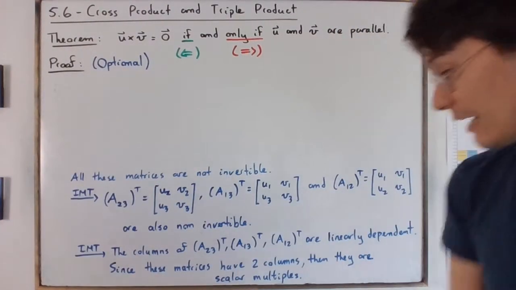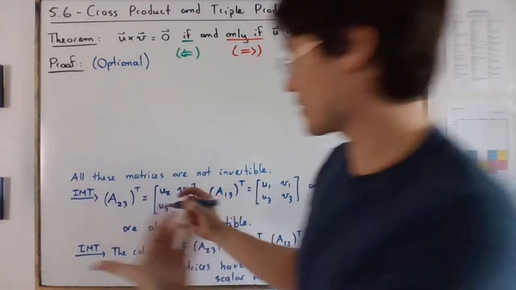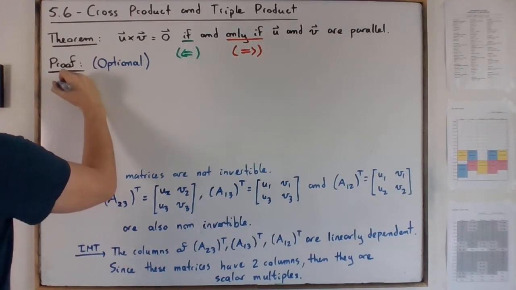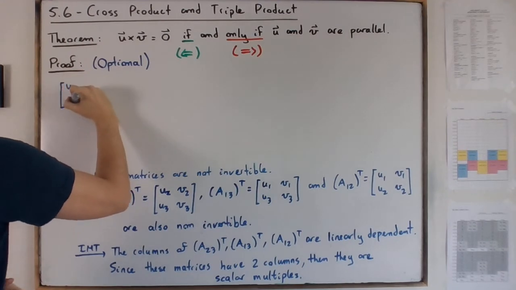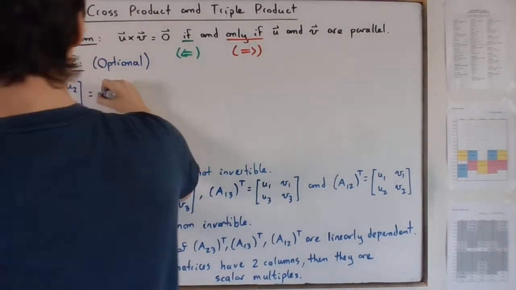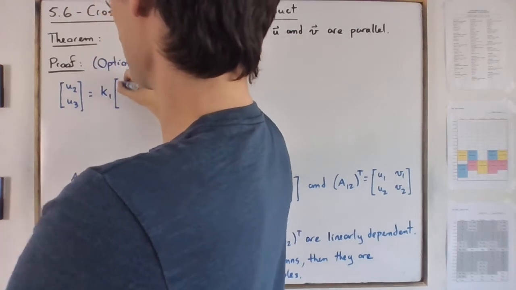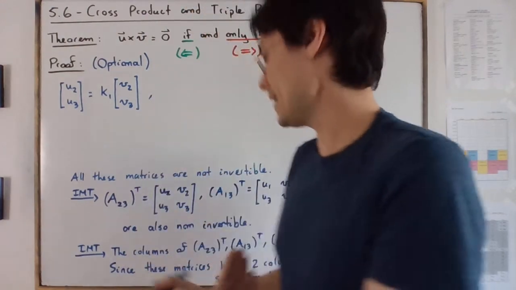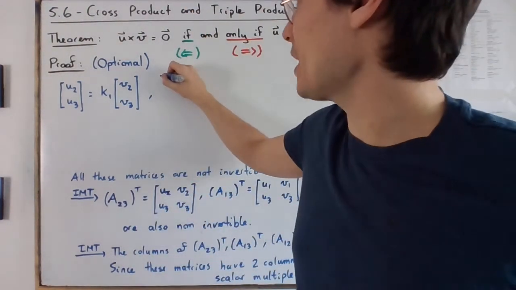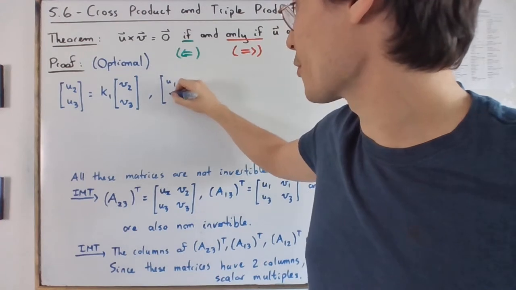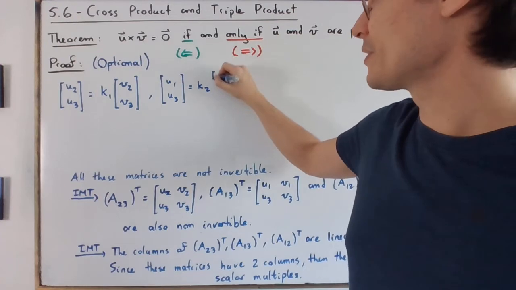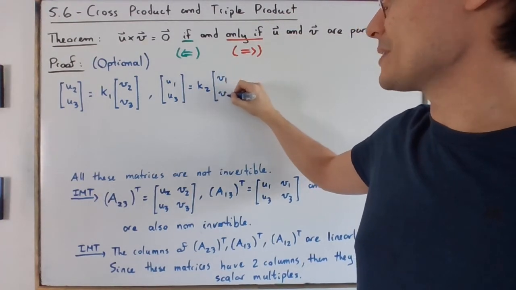So what did we find out of this? Well, look at the columns, okay? We have that the vector u2, u3 will be equal to k1 times the vector v2, v3. Okay, and we can say the same for the other 2 matrices, okay? We can say the same for u1, u3 will be equal to some k2, v1, v3.